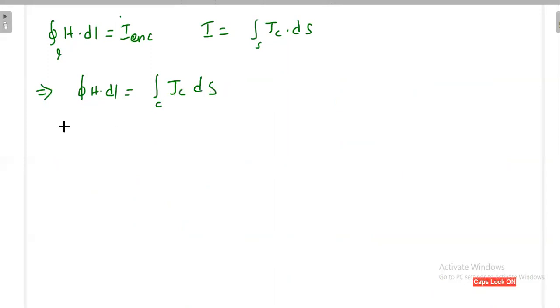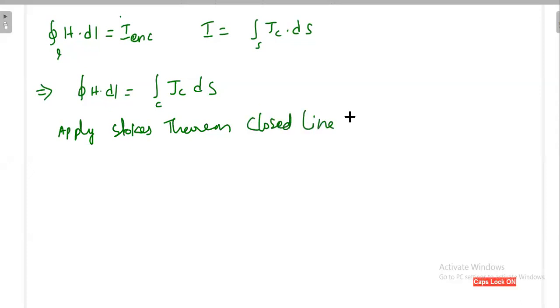Now you apply Stokes theorem. Stokes theorem connects the closed line integral to the surface integral, closed line to surface. You apply Stokes theorem on the left hand side only, and it converts the line integral into the surface integral.